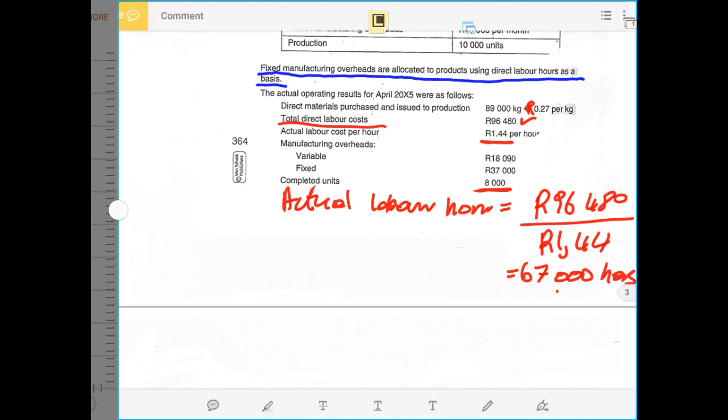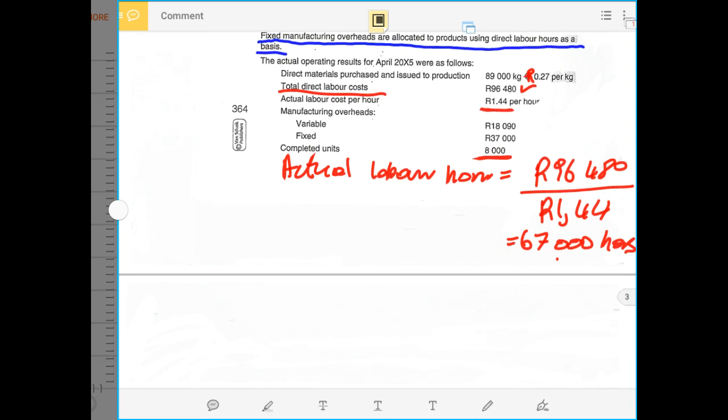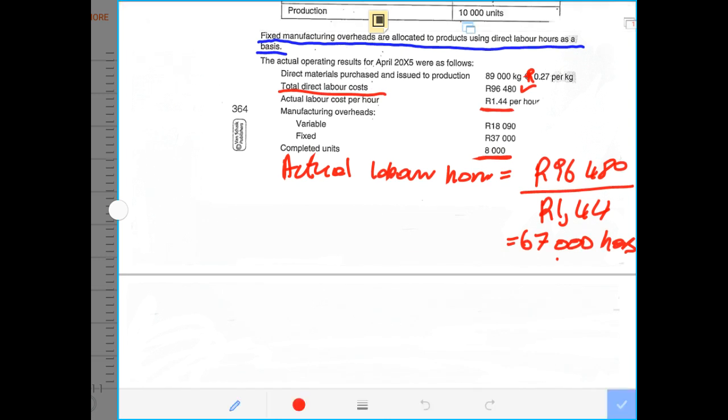So now let us proceed. Remember, the reason why we do these calculations is because if we know the rate per hour and we also know the total hours, we can just say the rate per hour times 1.44.